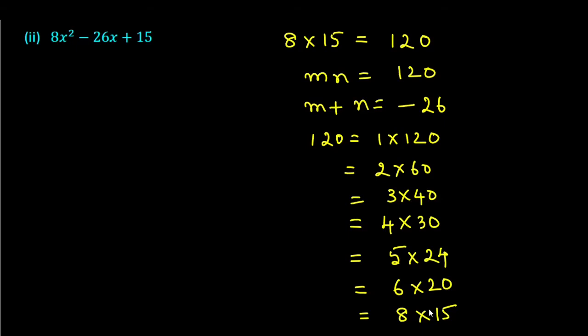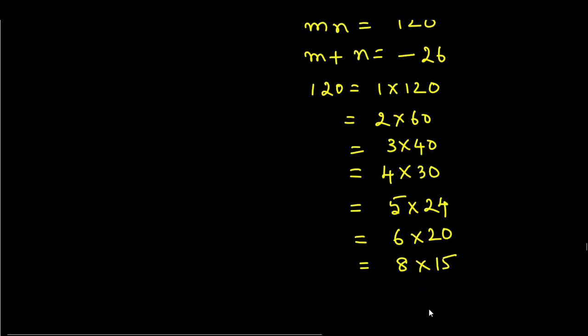It is not divisible by 9. It is divisible by 10. So 10 into 12. 120 is not divisible by 11. Then it is divisible by 12. 12 is already covered. These are all the possible pairs of factors whose product is 120.